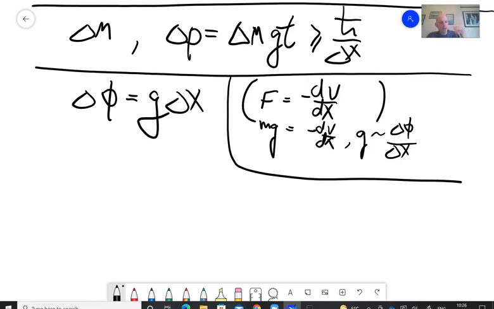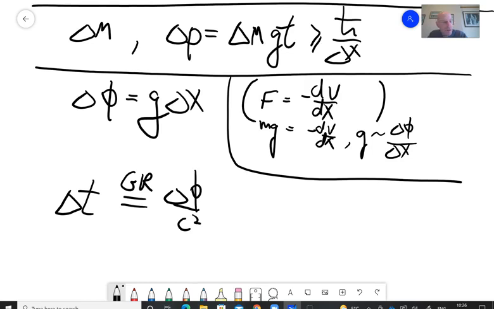So without entering the details of how that is related to the metric and the GR description, let me just say that the uncertainty in the time due to GR is related to the uncertainty in this potential, delta phi, divided by c squared, times t.